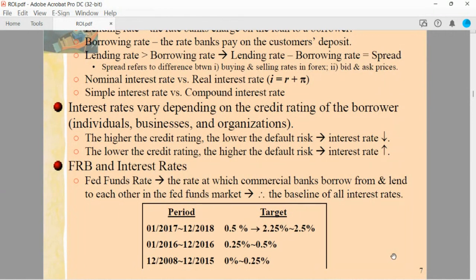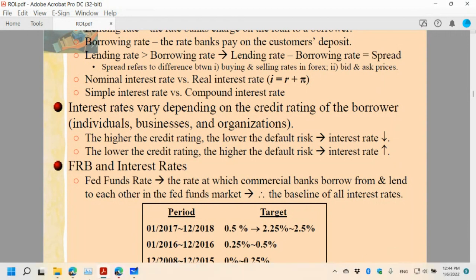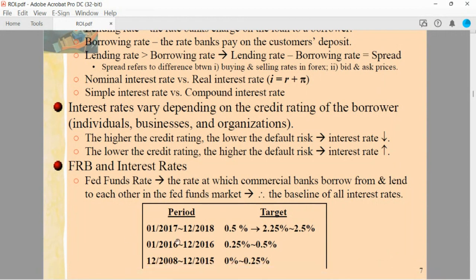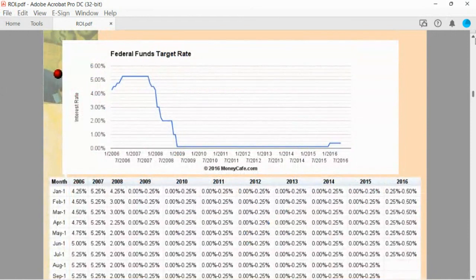No central authority can dictate the price, right? Think about it. So what the Federal Reserve does is set the target rate, and they work through the market mechanism to bring the actual market rate close to the target rate. That's what it is.